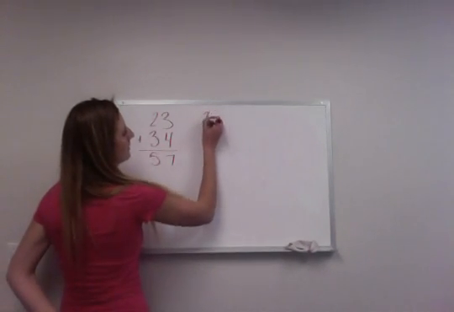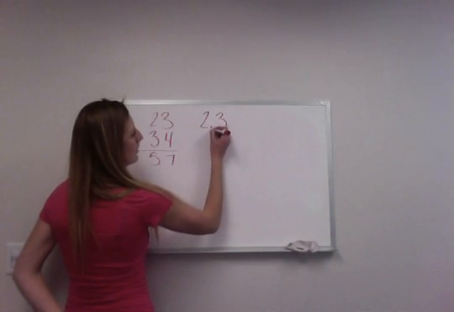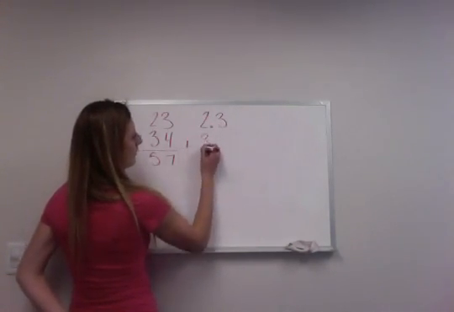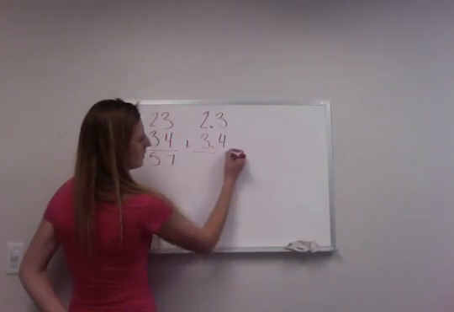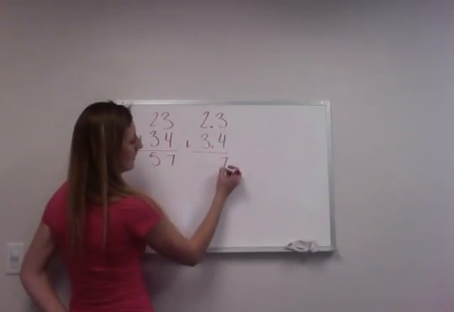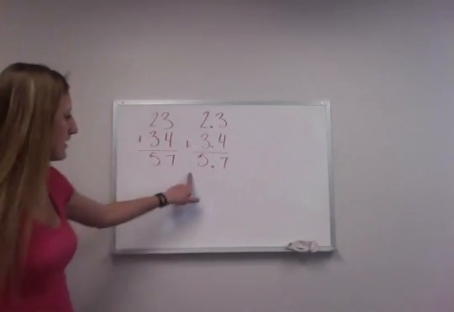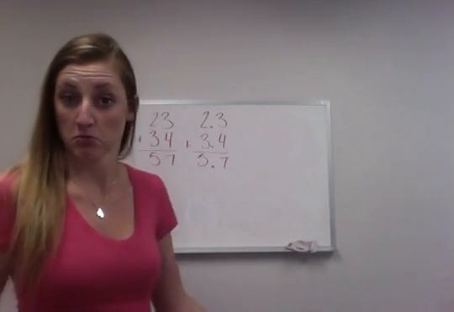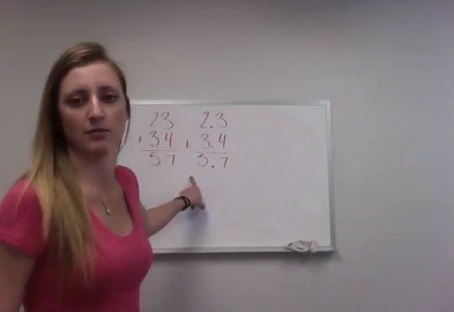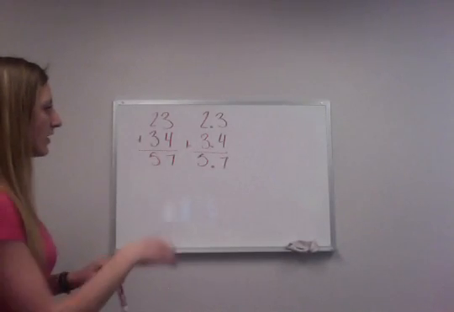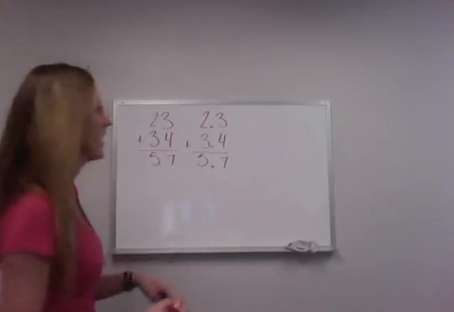And so then I tell the students, okay, what is 2.3 plus 3.4? Students would then do the same thing. They'd go 7, and this is 5, and they'd carry down the decimal, and they'd say 5.7. So that's correct. This is a standard algorithm for adding decimals, and you can do the same with subtracting decimals.